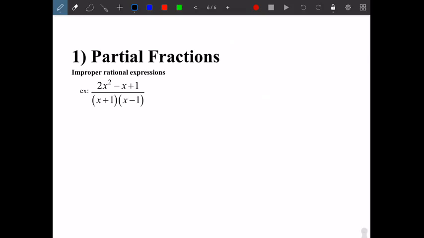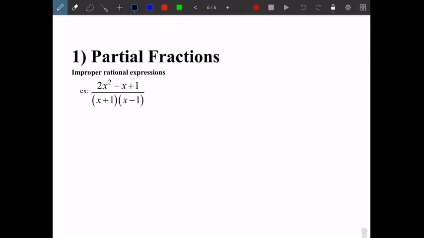If it's proper, you can immediately write the sum of the partial fractions. If it's improper, you have to divide first and then use the remainder of the division divided by the divisor and decompose that into partial fractions.